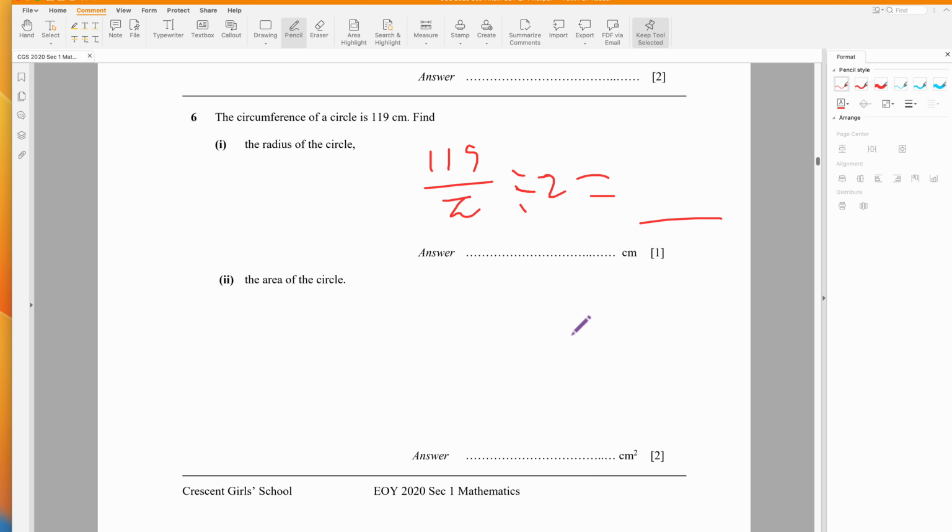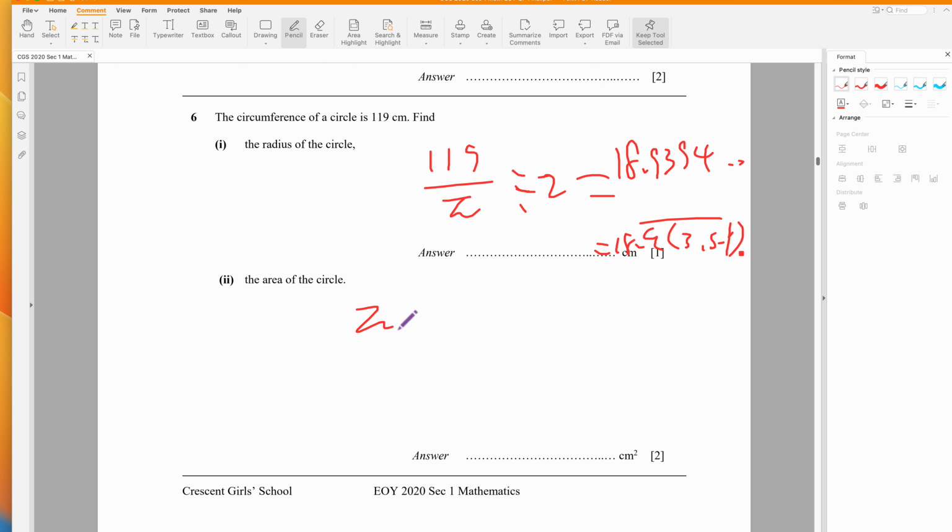So another 1 mark penalized. So write down the full format: 18.9394 and so on, and then therefore 3 significant figures is 18.9. Then write down 3 significant figures.